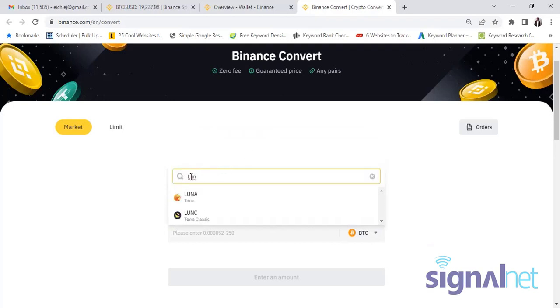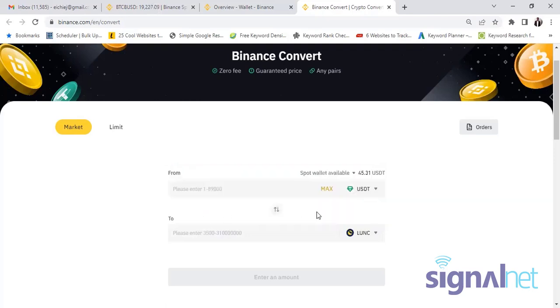You can see as I begin to type, automatically it brings out Terra Classic. The one I was talking about then was the Terra Luna Classic. Even though both of them rise, the one I was talking about was the Terra Luna Classic, because that one is quite small. Still 0.000 something up to now. So you just select that.